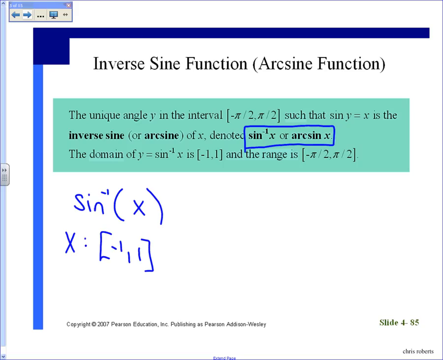So if you try to put in the inverse sine of 2, you're going to get an error message because that does not exist. And again, if you think about your sine curve, the sine value has to be between negative 1 and 1. If you think about the unit circle, the y values will never go below negative 1 on the bottom and never go above positive 1 on the top of your circle.